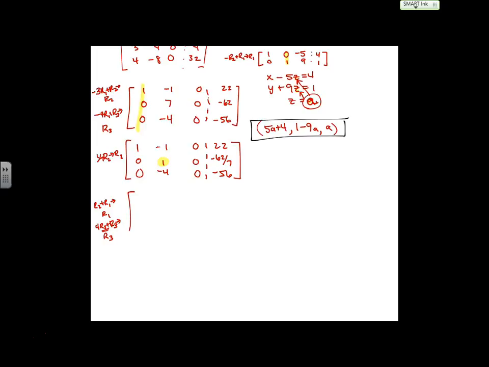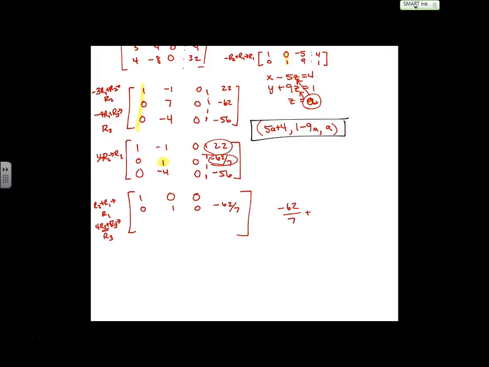Now I'm building my zeros. Row 2 plus row 1, so 0 plus 1. Our second row stays. 0 plus 1 is 1. 1 minus 1 is 0. 0 plus 0 is 0, look at that, third row is kind of just a placeholder.